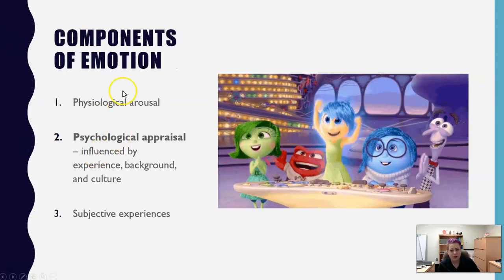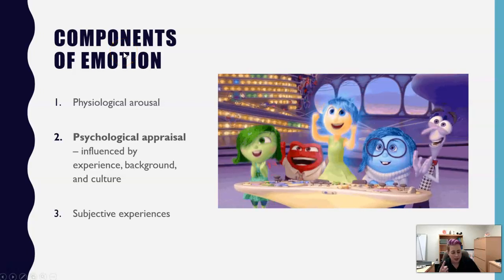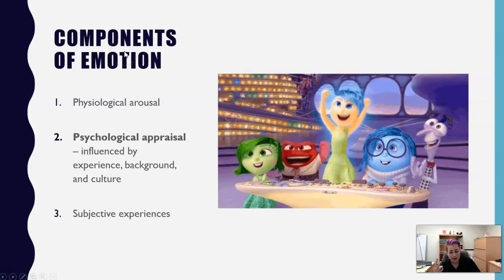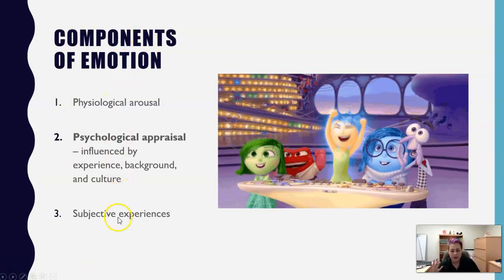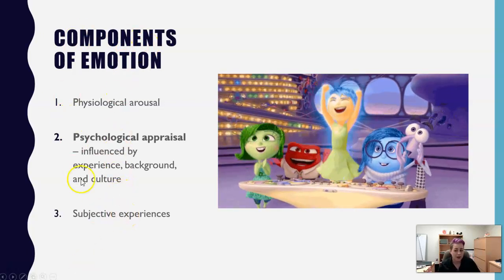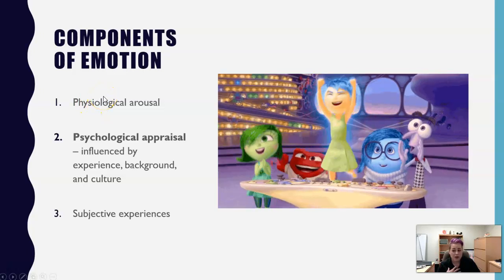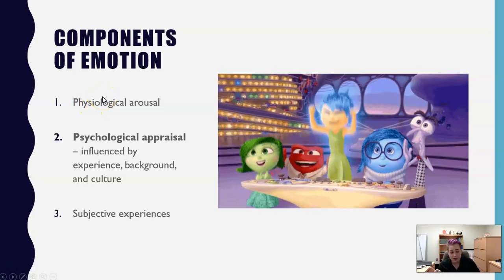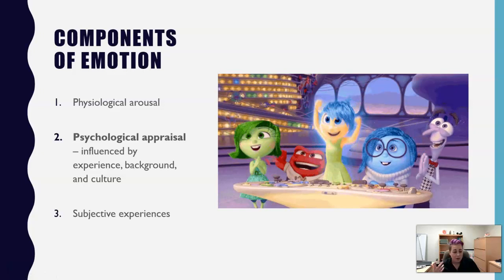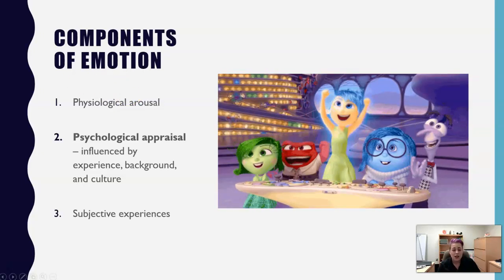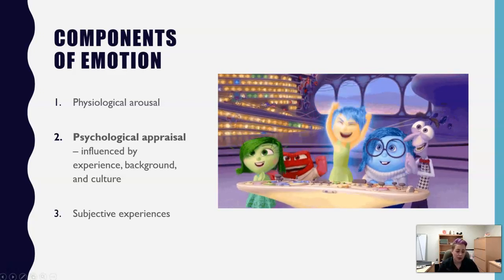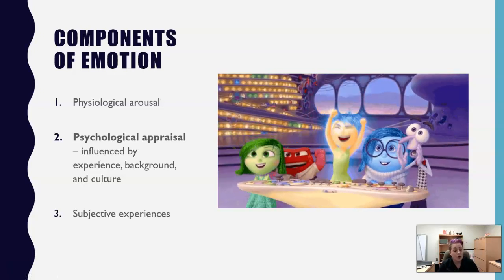Now, when we talk about components of an emotion, we have physiological arousal, psychological appraisal, and subjective experiences. I may need to reorder these, but we have subjective experiences in our life that may trigger us physiologically and psychologically. We may feel a certain way within our body, and we may assess that situation a certain way in our head. So when we talk about that physiological arousal, we may be talking about rapid heart rate.